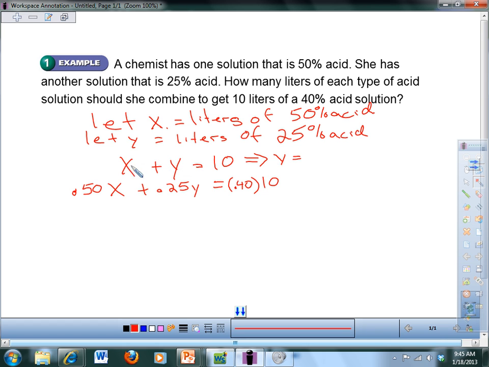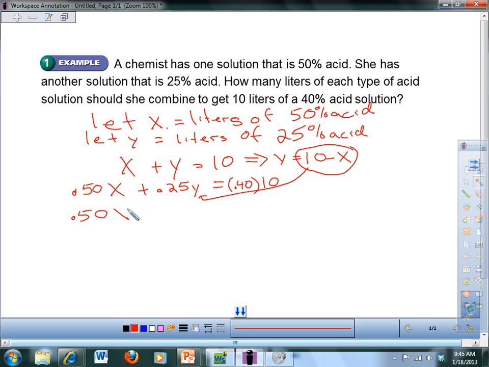How do I bring this X over onto that side? Subtract it, right? So Y is 10 minus X. Do you follow that? I subtracted X from both sides of this equation. And then I take that and I plug it in for Y. And then I'll have an equation that just has X's in it.